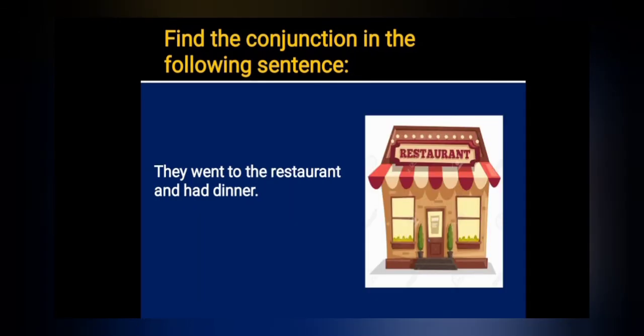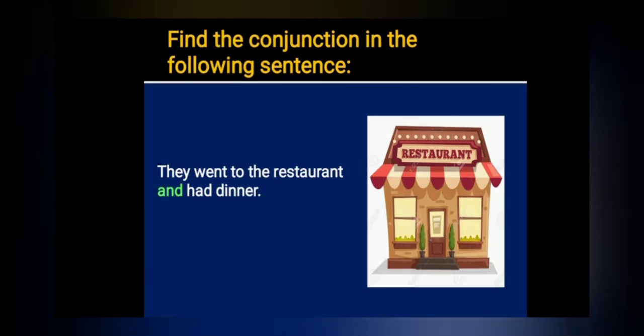And the last sentence on the screen is they went to the restaurant and had dinner. They went to the restaurant and had dinner. Very easy to answer. Yes, the conjunction here in this sentence is and. They went to the restaurant and had dinner. And is the conjunction.